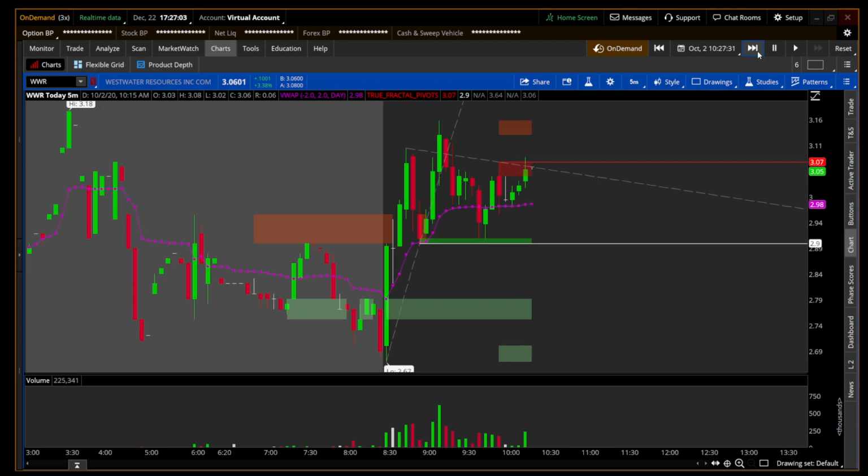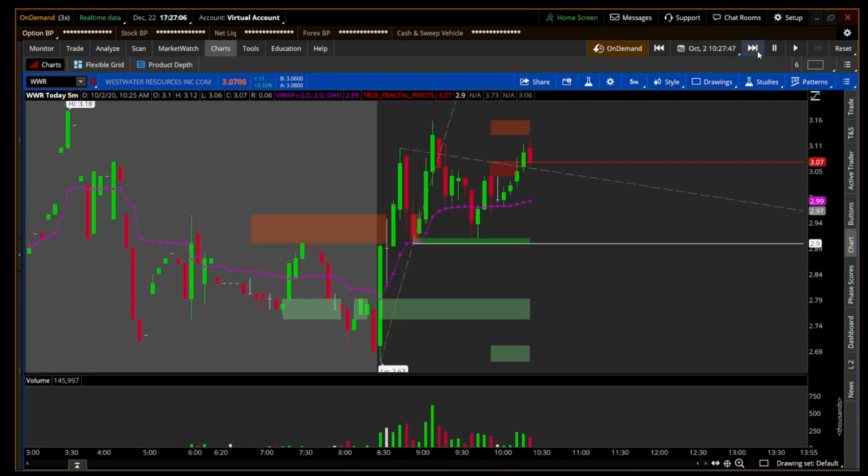I actually traded this back in October. Not this, yeah, I did trade this day, but I lost money on this day. I didn't have this indicator either, but I made about $500, $600 the next day because it created a bullish engulfing candle on the daily. So I expected it Monday to run up, and it did. And I got out too early.